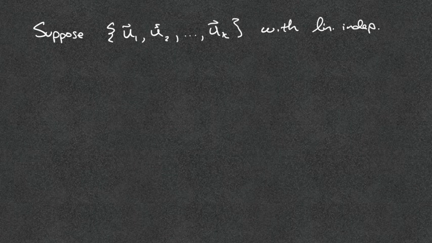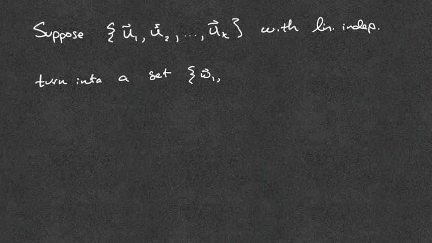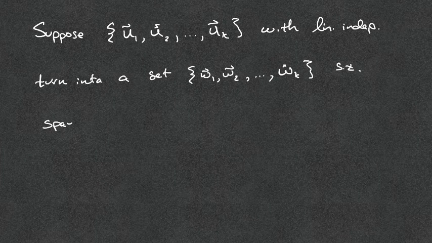Then what we want to do, or what we want to show that we can do, at least to simplify these things, is to take this set and turn them into a set of vectors, say w1, w2, all the way up to w sub k, such that the two spans are going to be equal.